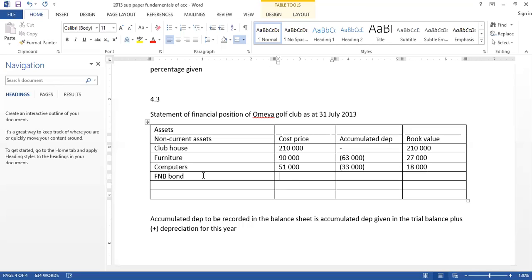Oh, okay. Now looking at this FNB bond, ne? The FNB bond is actually not a fixed deposit. Do you know why? Because the amount is on the credit side. So this simply means that it's a loan that you took from the bank. You understand? So the FNB bond is not a fixed asset.